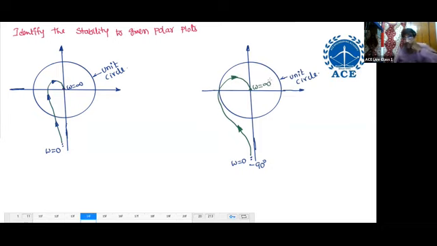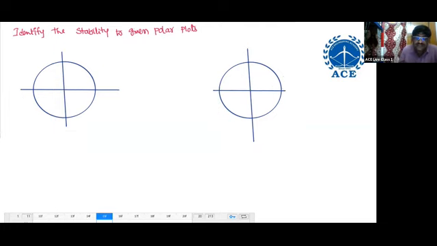Come on, do it. First problem, second, this is third.